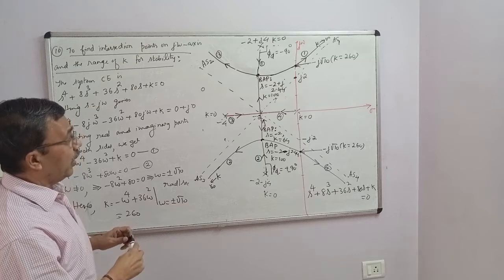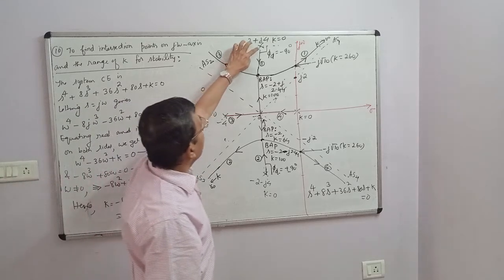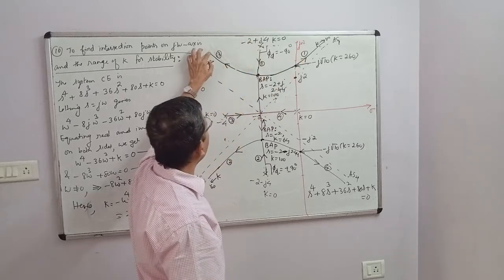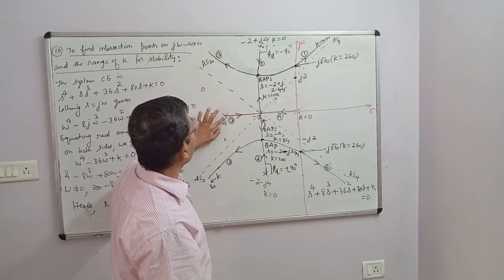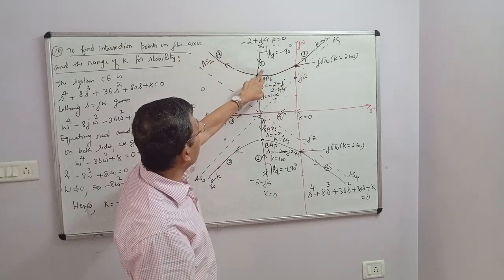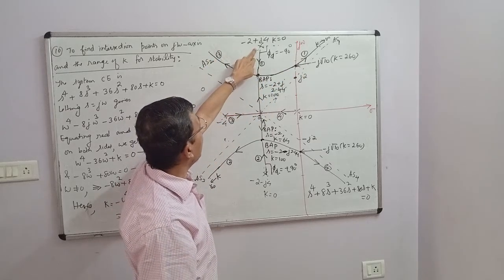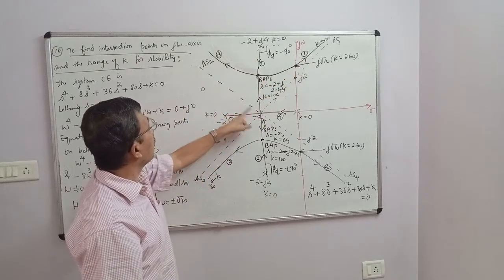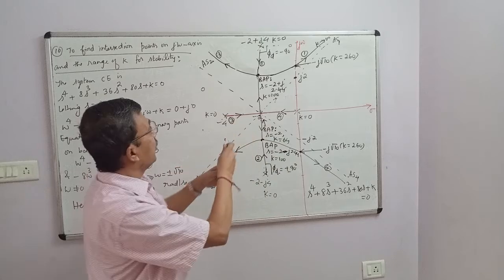Please, I repeat, this pole can select either AS1 or AS3. This pole also can select either asymptote 1 or asymptote 3. Presently in the figure I have drawn, this pole has selected asymptote number 1 and this pole has selected asymptote number 2. It can be interchanged also.